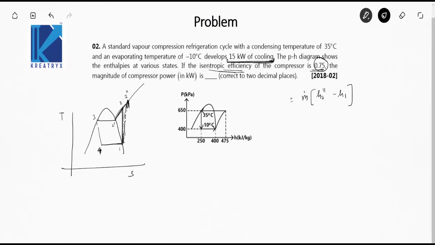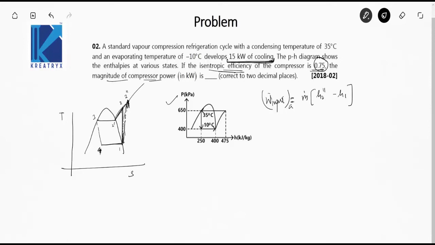It will not be m dot (h2 minus h1), because h2 minus h1 is the isentropic compression, whereas 1 to 2 double dash is the actual compression, and they have asked us to find the actual compressor work. So this is work dot input actual. Let's see if we have m dot, h2 double dash and h1 from this pH diagram.